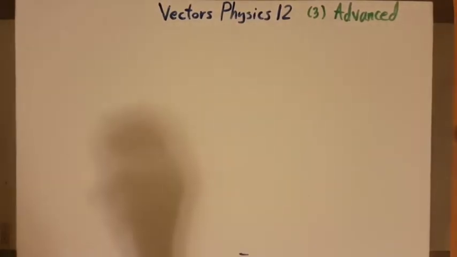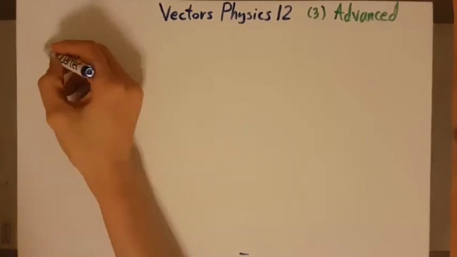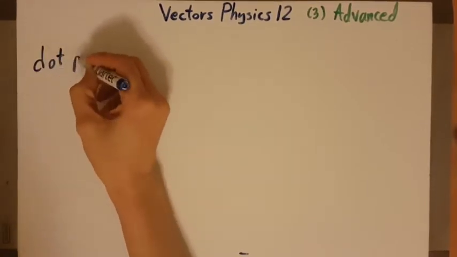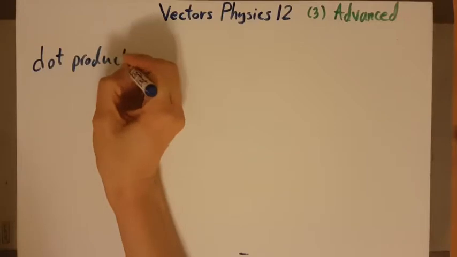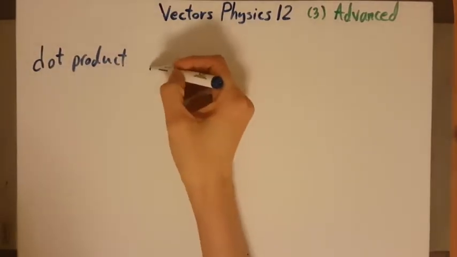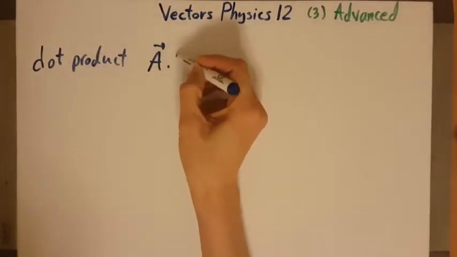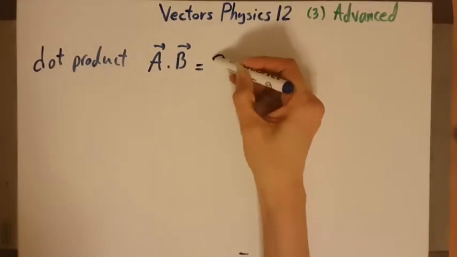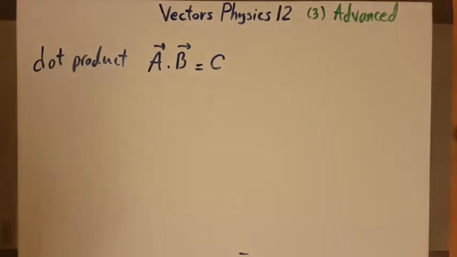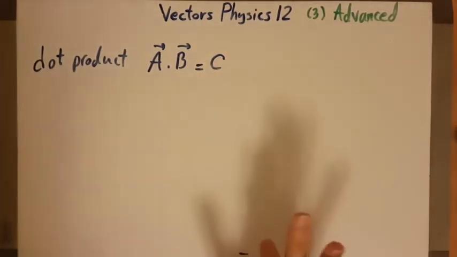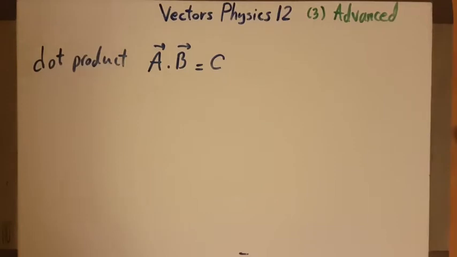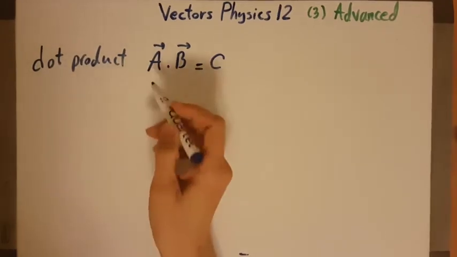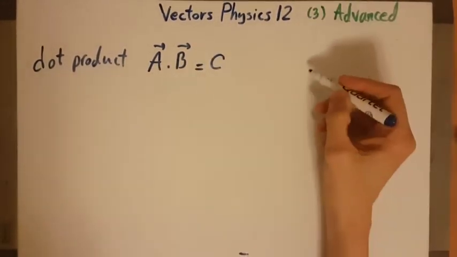One of them is called the dot product. The dot product is when I have vector A times vector B, and the answer is a scalar quantity. The answer is not a vector, it is a scalar quantity. These are vectors, right?